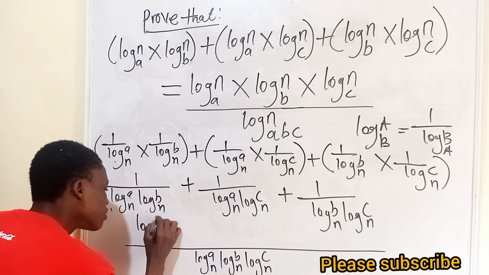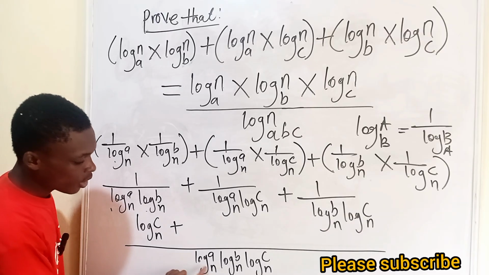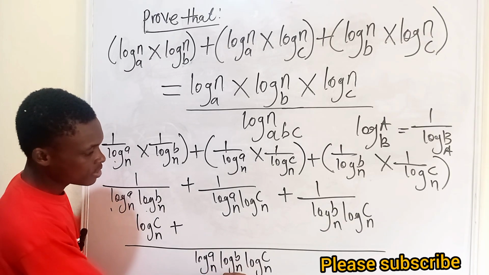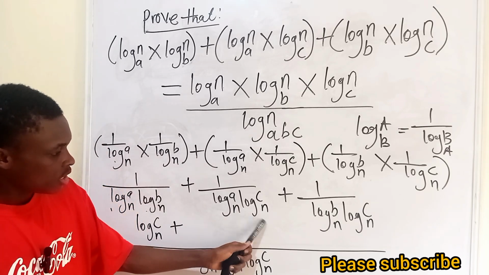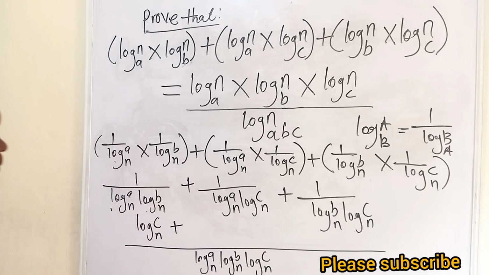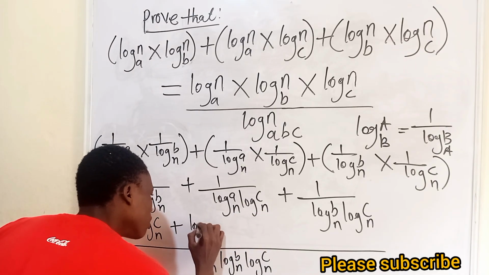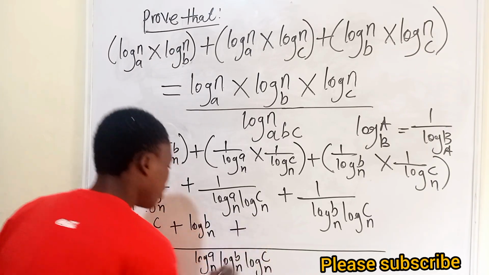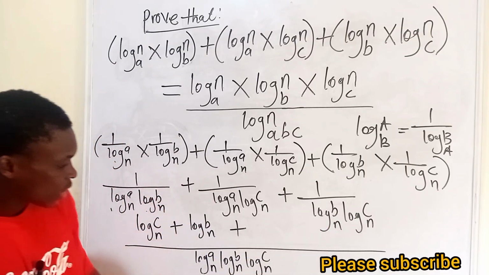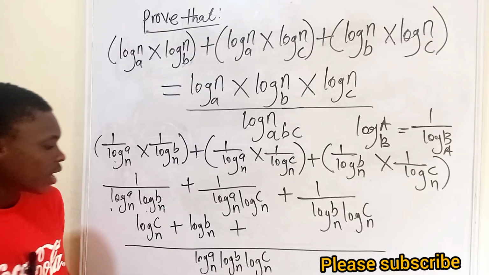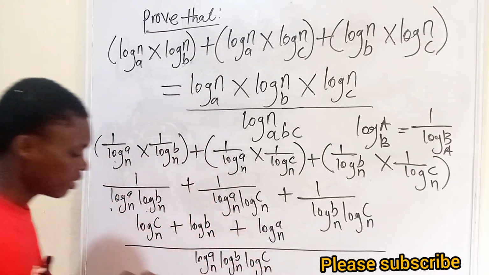Next, log a base n cancels, and we have log b base n remaining. For the last one, log b base n log c base n cancel, so we have log a base n.